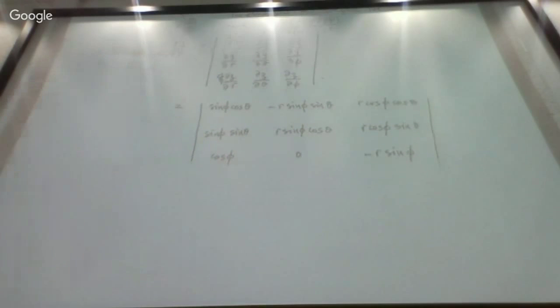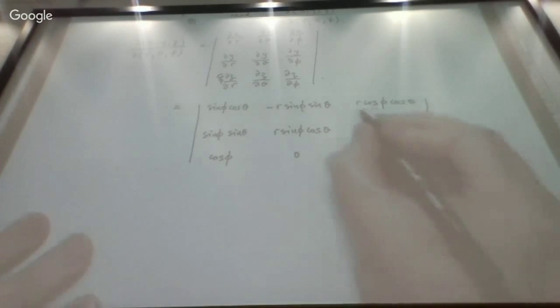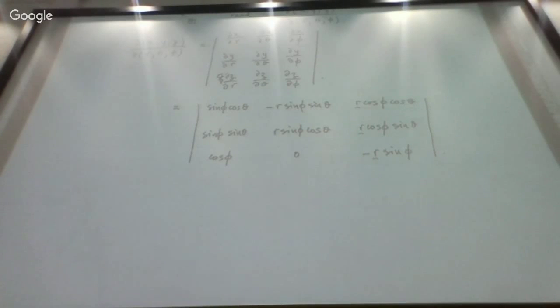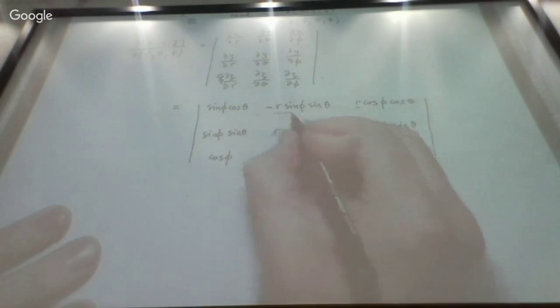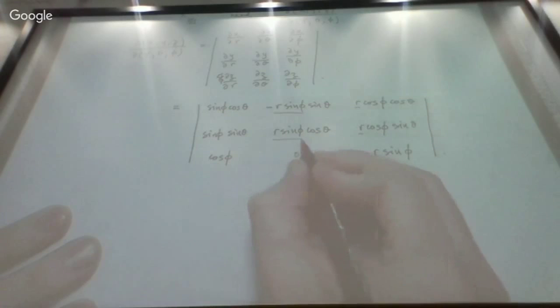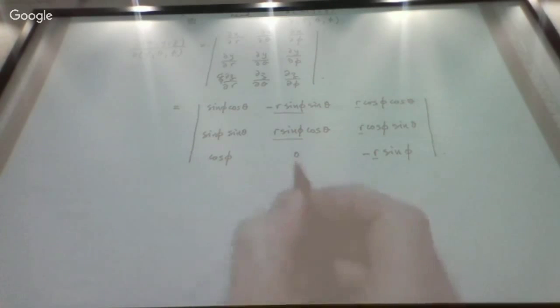Looking for common factors here, we see a fair few of them. Down the third column, there's a common factor of r. And down the middle column, there's actually a common factor of r sine phi. You may say, hang on, there's no r sine phi in the 0, but there is, because 0 is divisible by everything.